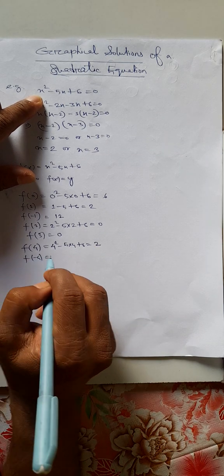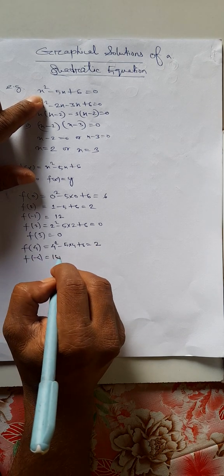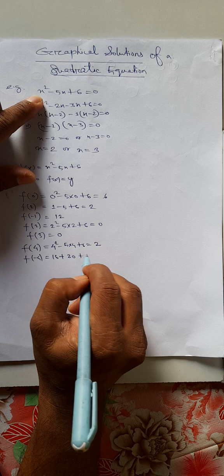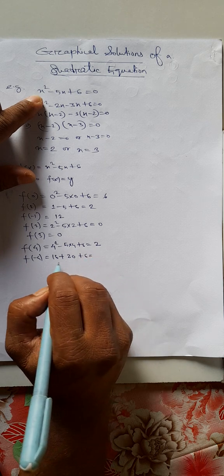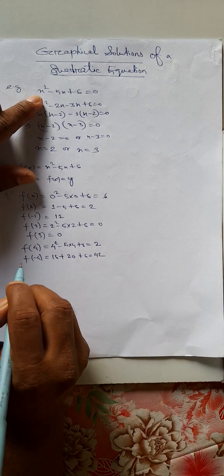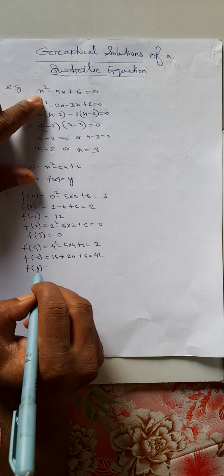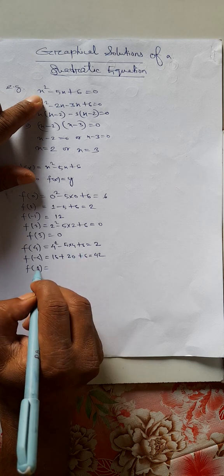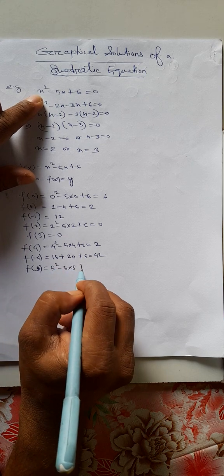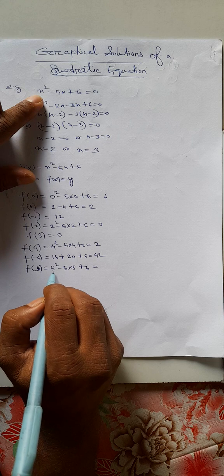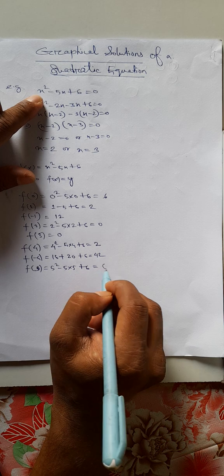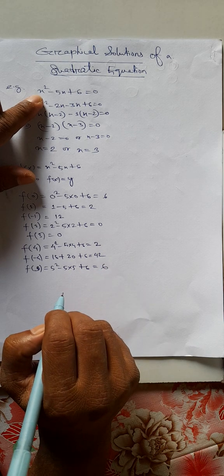f(minus 4) equal to 16 plus 20 plus 6, so it is 16 plus 6, 22, plus 20, 42. f(5) equal to 5 square minus 5 into 5 plus 6, that means 25 minus 25, 0, plus 6 equal to 6, right?